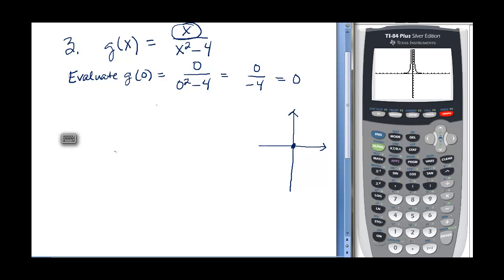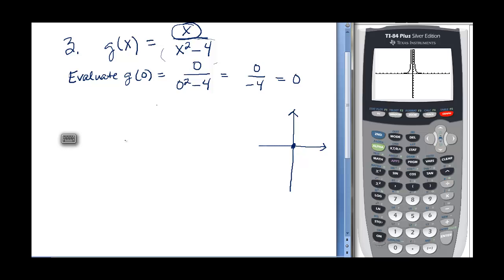Okay, the next question asks, what happens if the denominator is equal to 0? Well, as I said before, when the denominator is equal to 0, the function is going to be undefined, and we are going to have vertical asymptotes there.